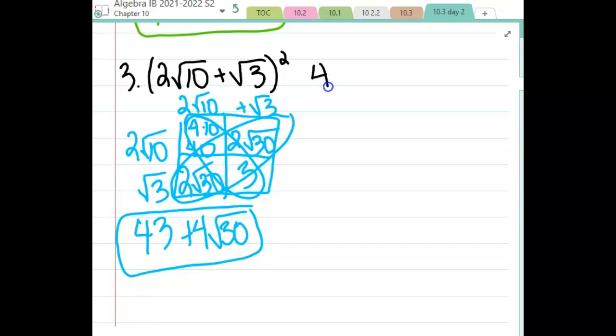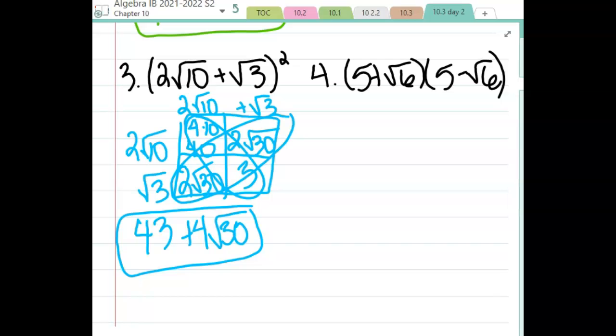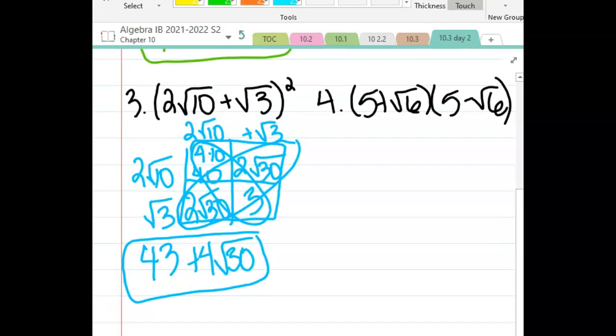So let's try another box method, number 4. 5 plus the square root of 6 times 5 minus the square root of 6. One thing that can save you a little bit of work is if you recognize these patterns. In the previous one, since it was a quantity squared, those two boxes are the same. For this one, this is the pattern where I have x plus 3, x minus 3, x plus 7, x minus 7, x plus 5, x minus 5.